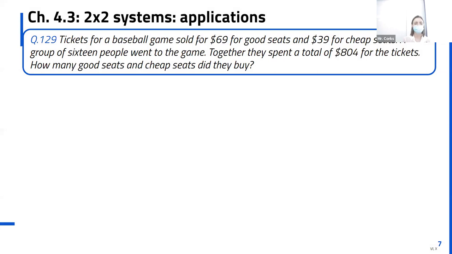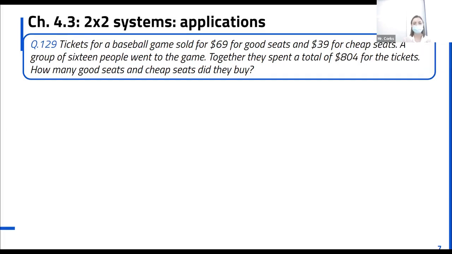So here we have a baseball game and several types of tickets. Here we have good seats, which cost $69, and cheap seats, which cost $39. 16 people went to see the game, and for all 16 people they spent $804 for the tickets. We need to find how many good seats and how many cheap seats were bought.